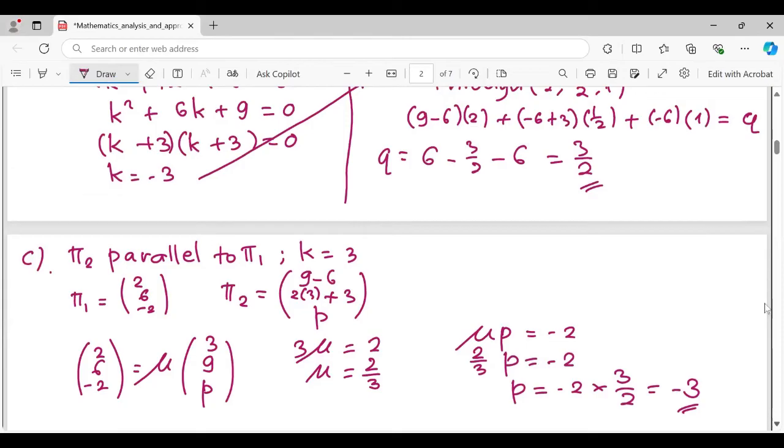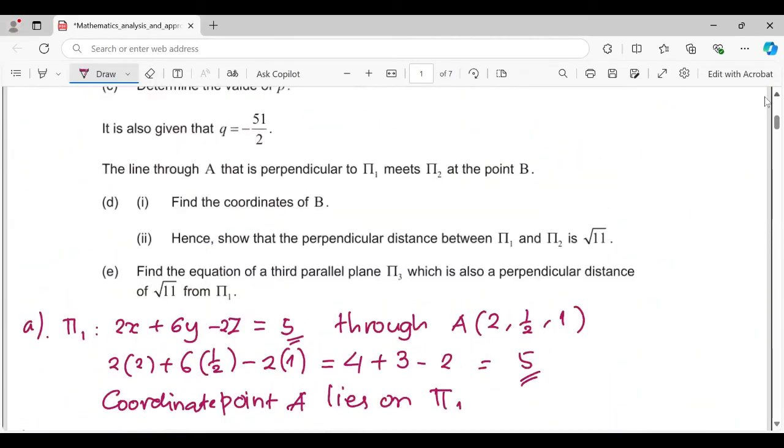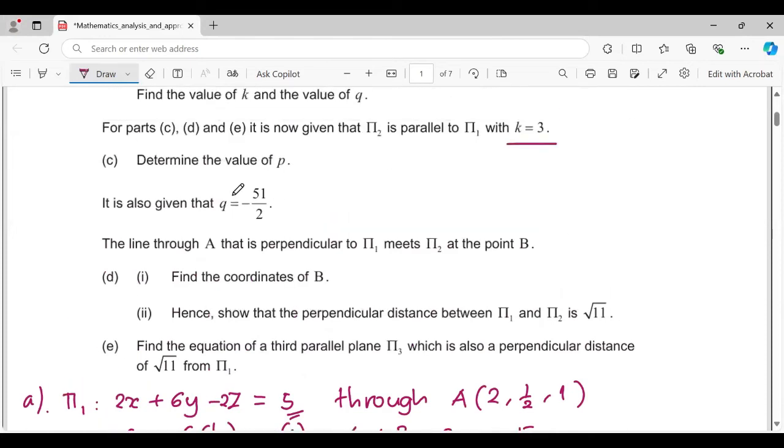Okay, according to part d, p equals, just now, minus 3. Now, it is also given that q equals minus 51 over 2.